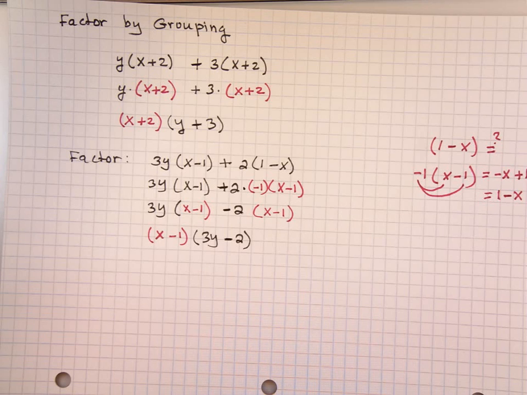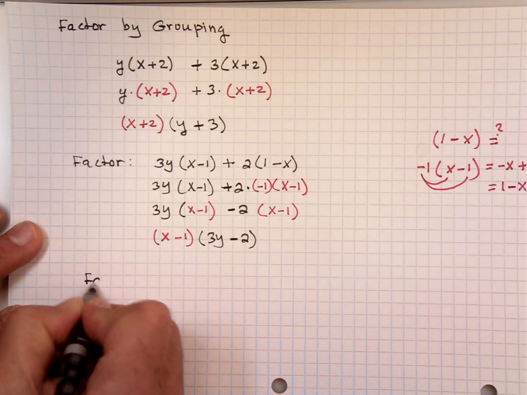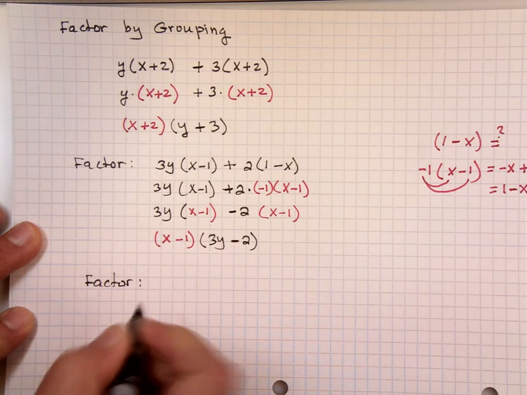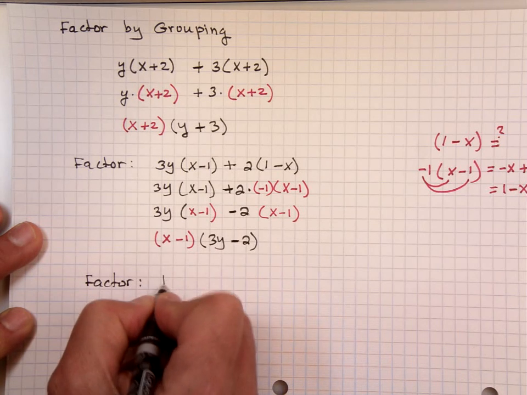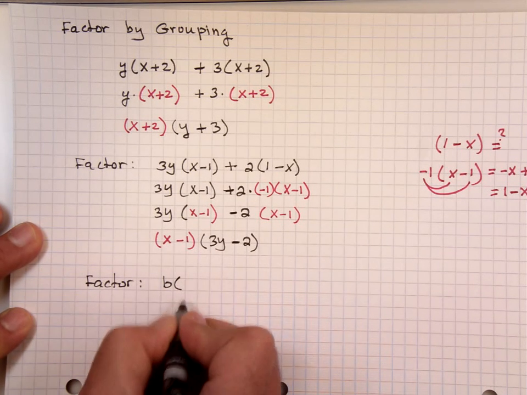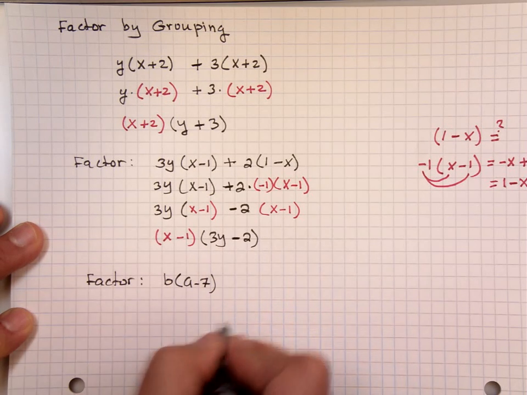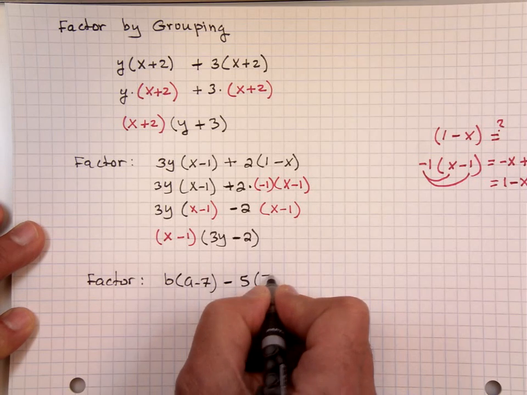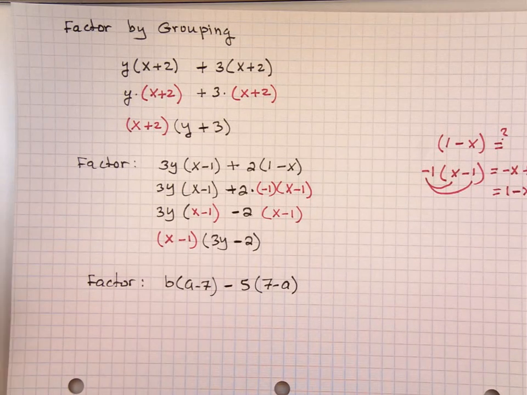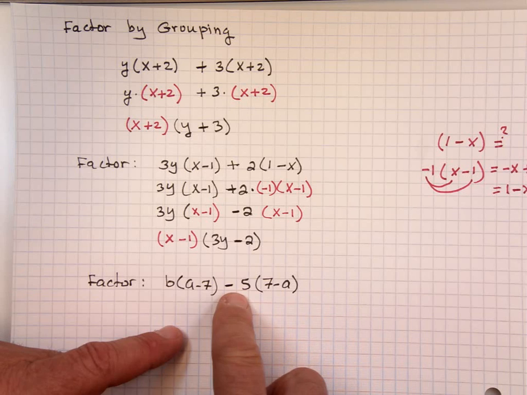So let me do it with bypassing the middle step here. Factor b times a minus 7 minus 5 times 7 minus a. If you recall, these are backward. I'm going to flip this and switch the sign. Flip this and switch the sign.